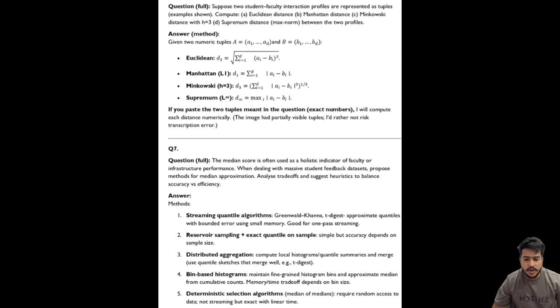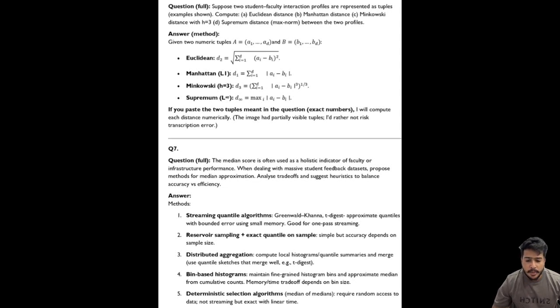Here, given two numerical tuples A = A1 to AD and B = B1 to BD. Now Euclidean D2 is the square root of the summation, i equals 1 to D, of (Ai minus Bi) whole squared. Now the Manhattan D1 is equal to, here also the same range is given, the sum of mod Ai minus Bi.